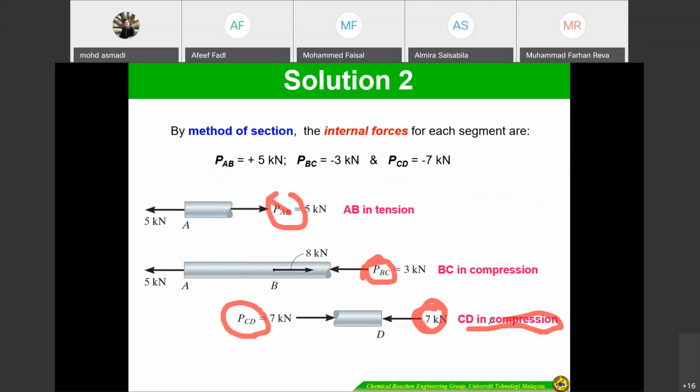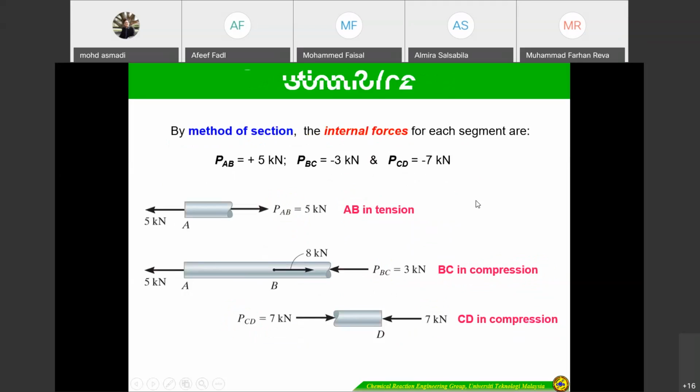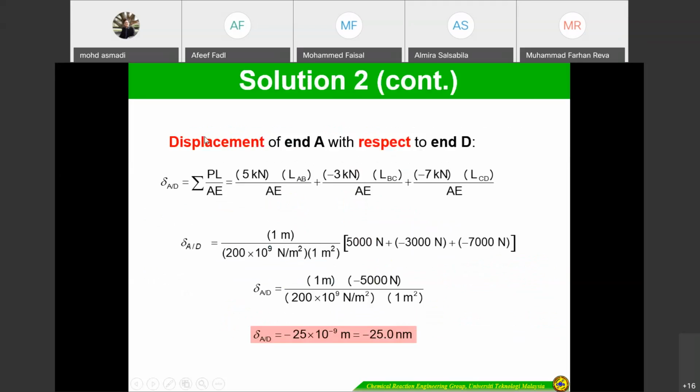CD is in compression, BC in compression and AB in tension. So if you look here, compression should be negative. The displacement at point A with respect to point D means D is a fixed point.